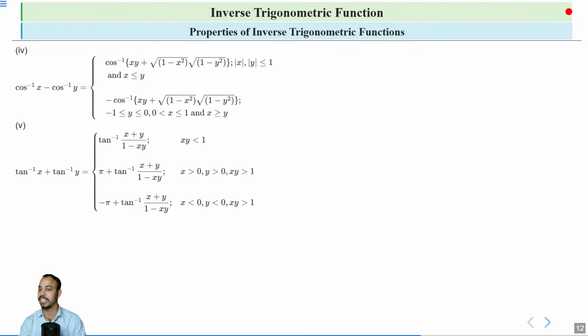now see for tan inverse x plus tan inverse y. So when the product of x and y is less than 1, that means x times y is less than 1, then tan inverse x plus tan inverse y is equal to tan inverse of (x plus y divided by 1 minus x times y).